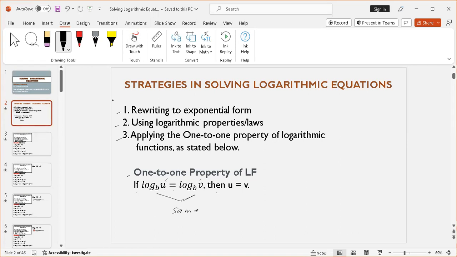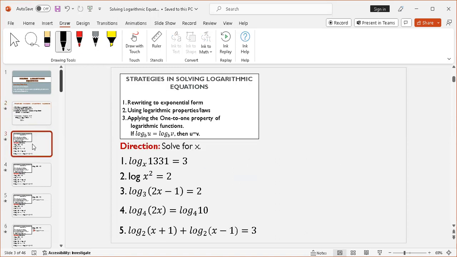That is the one-to-one property. So for some equations, you only need one strategy to solve them. But for some equations, you will have to use 2 or more strategies to solve them. So let's get into it.